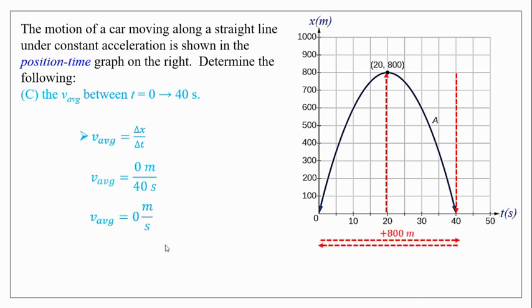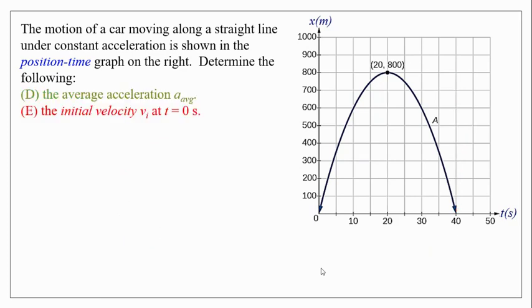So that's 800 there, and then that's negative 800. So really, if you sum it up, 800 and negative 800, that'd be 0. Or you can just look at this arrow. You start here at this location where my cursor is tracing back and forth, and then you end up at the same position. So therefore, displacement must be 0. So our answer is simply going to be 0 meters per second.